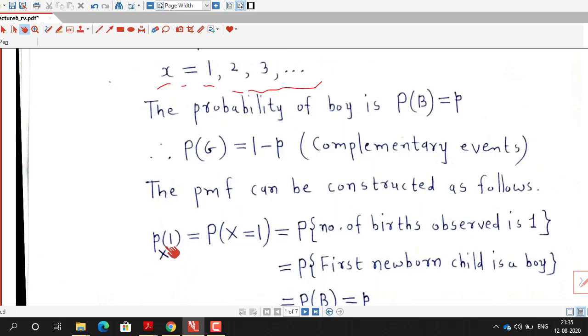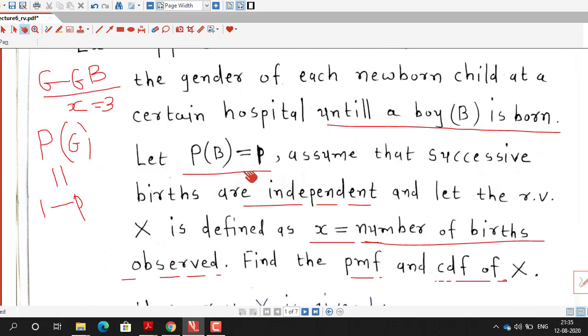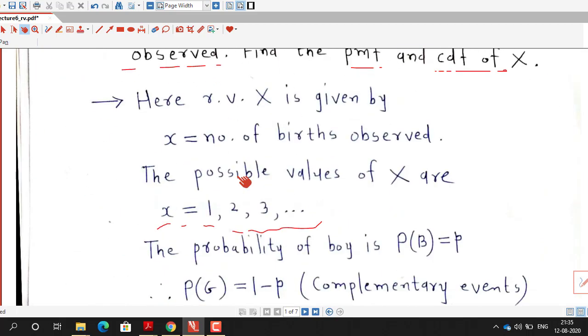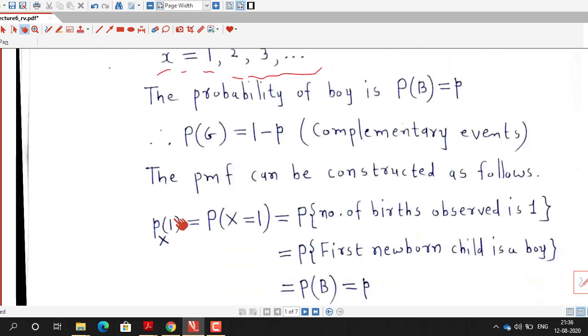The suffix capital X in p sub X indicates that this is the probability mass function of the given random variable capital X, which is the number of births observed in this case. Because small p is used for the probability of a boy, we have used this notation. By definition, it is the probability of the event capital X equal to x.